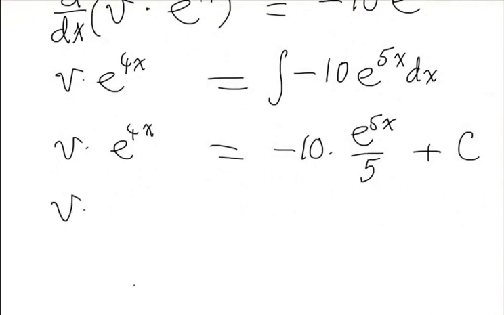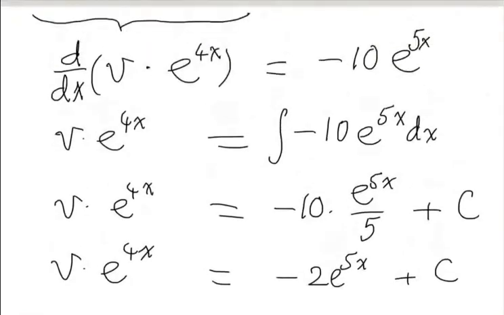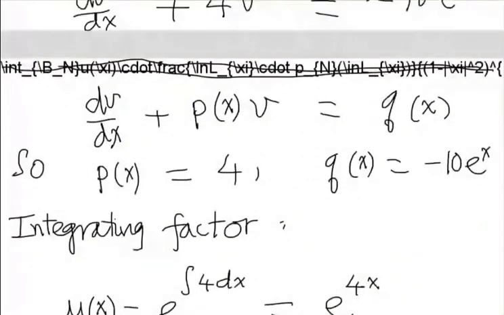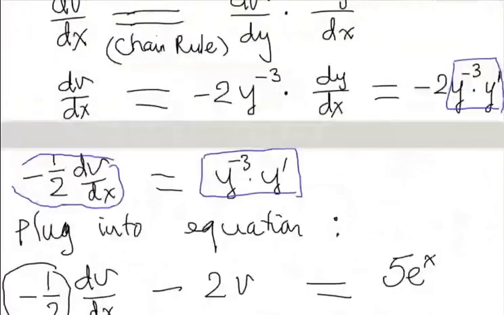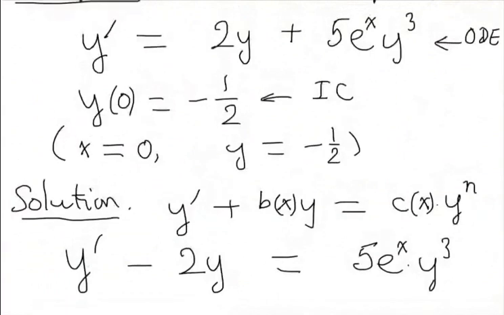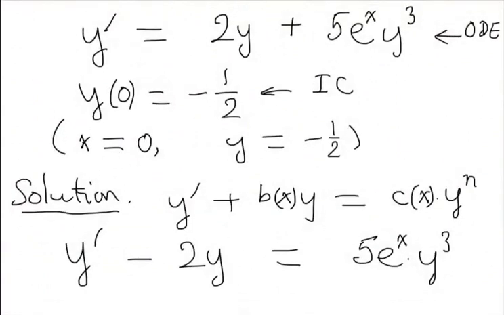Okay, so simplifying, we have minus 2 e to the 5x plus c. Now, we do have an initial condition, which says that when x equals 0, y equals minus a half.